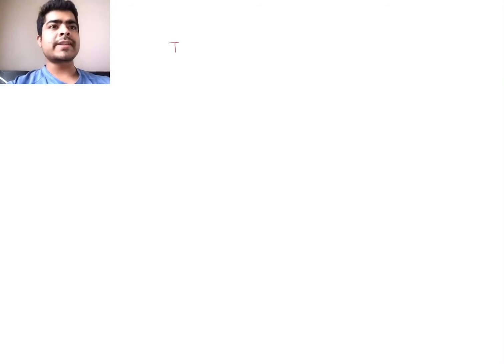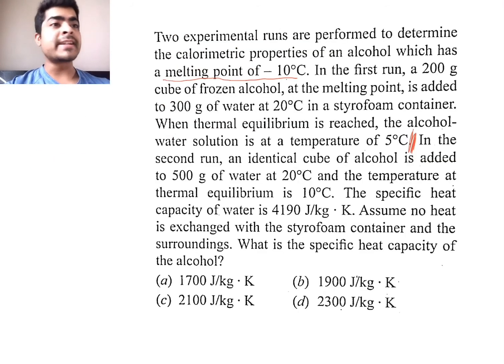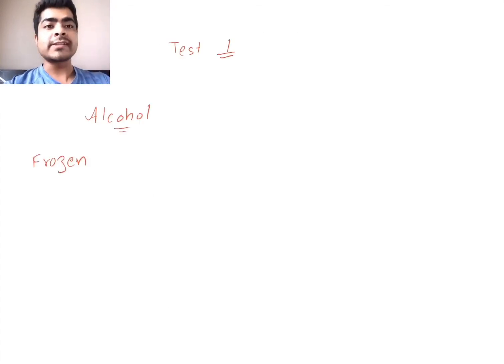So test 1. On one side we have alcohol, in the frozen state. The question says it is at melting point, so melting point of alcohol is minus 10. So we have 200 gram alcohol at minus 10 degrees Celsius.